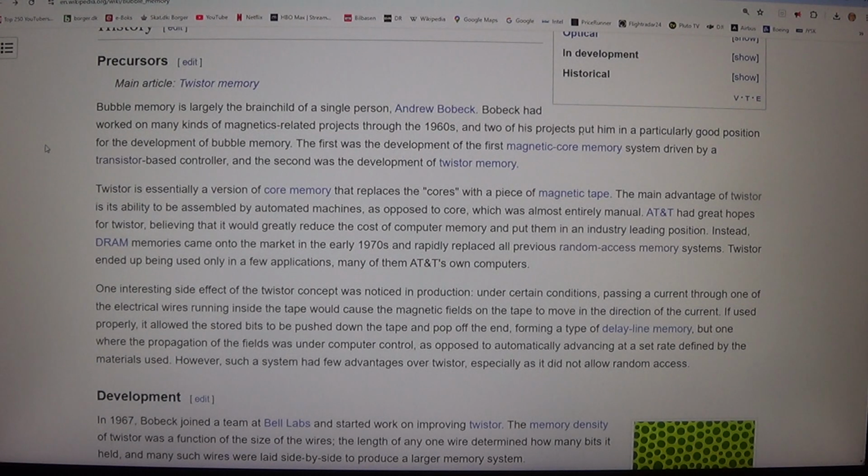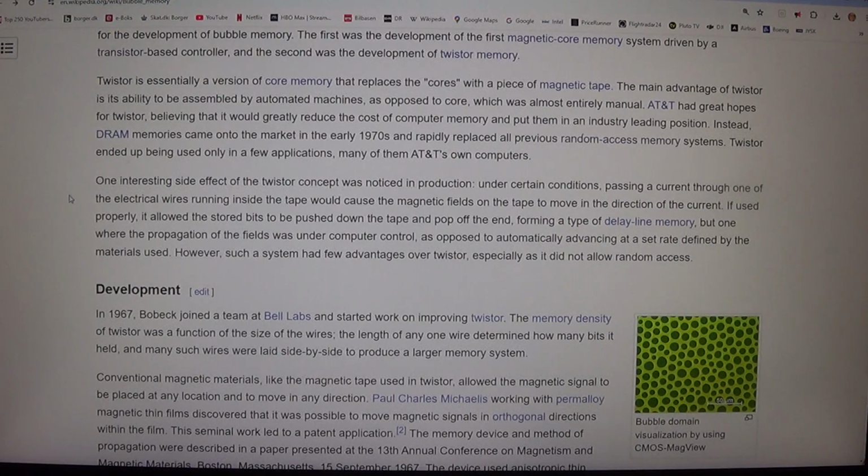Twister is essentially a version of core memory that replaces the cores with a piece of magnetic tape. The main advantage of Twister is its ability to be assembled by automated machines, as opposed to core, which was almost entirely manual. AT&T had great hopes for Twister, believing that it would greatly reduce the cost of computer memory and put them in an industry-leading position.